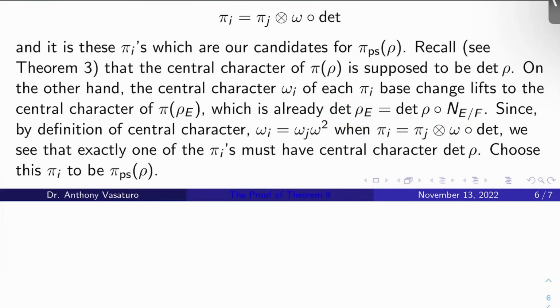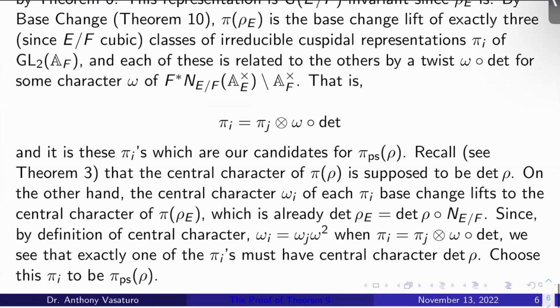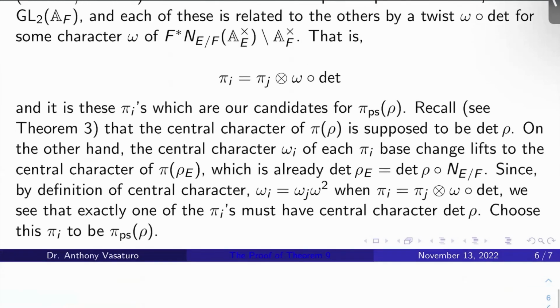Okay, perfect. Now look, essentially by definition of central character and this relationship here, the central character of pi_i is just the central character of pi_j times omega squared, where omega is my twist. I claim that follows immediately from unwinding definitions, and from this relationship here, I'll let you investigate that. Okay, great. I know I already lift to the determinant, and I know I already have this relationship between any 2 of my central characters.